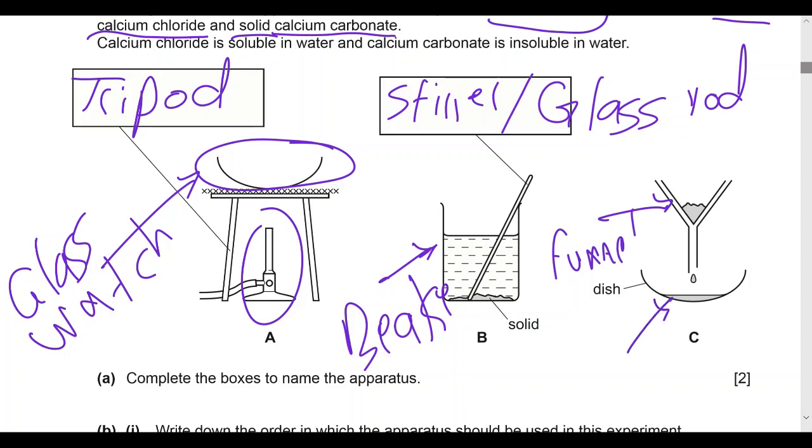You have here still a watch glass, and here you have this one, it's filter paper. So in question A, you only need to fill these two boxes: tripod and a stirrer or glass rod.